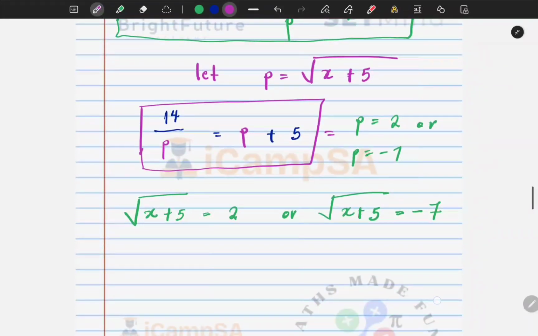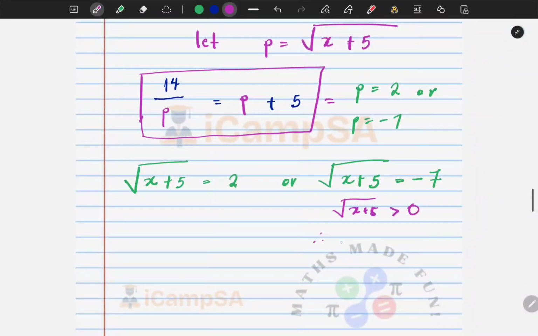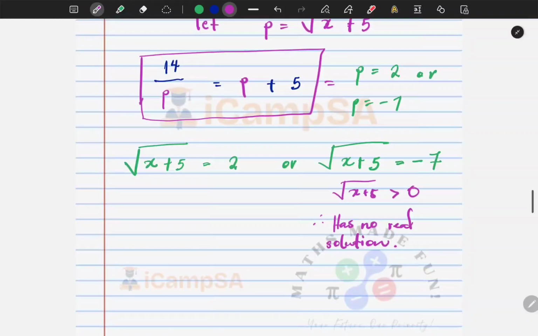Here, x plus 5 should be greater than 0, but currently it's not. So this means it has no real solution.